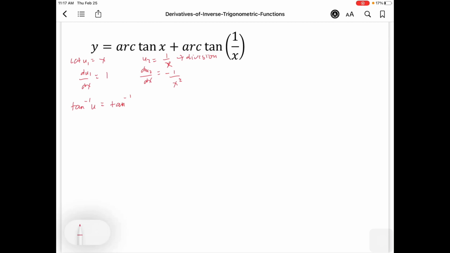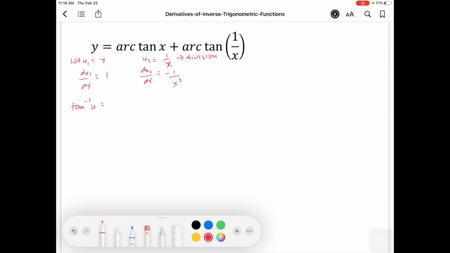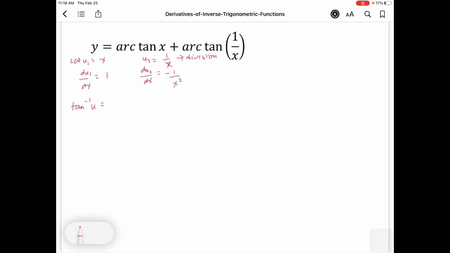Yan, it's arctan. So mali. Okay, just erase. Then magkakaroon tayo dito ng 1 over 1 plus u squared times du over dx. So y prime is equal to ito muna. So ito yung gawin natin.